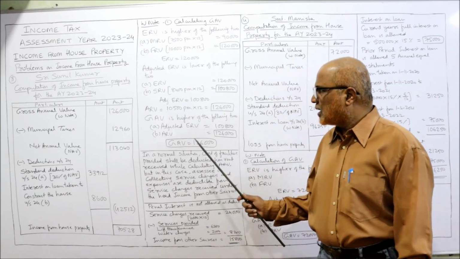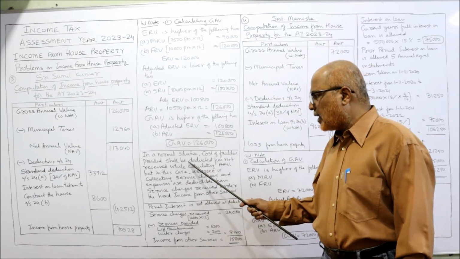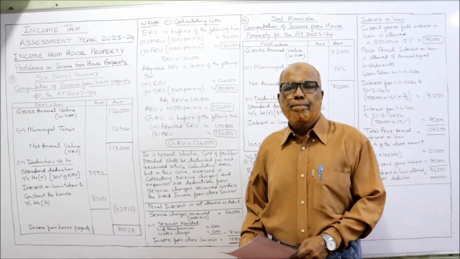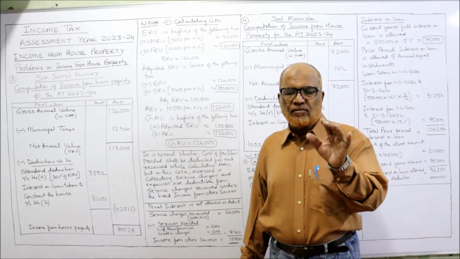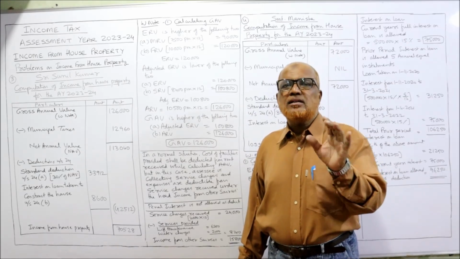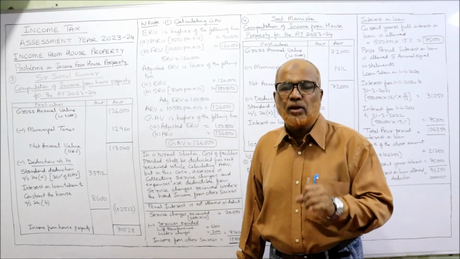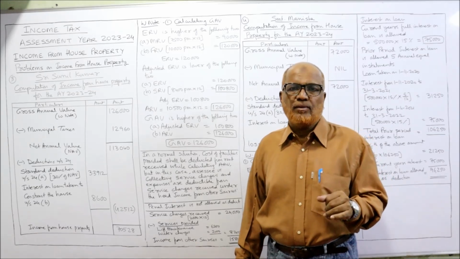In the working note, you should write down: in the normal situation, the cost of facilities provided should be deducted from rent received while calculating ERV. Normal situation, if services are given and charges are made by the owner of the house, then the services given will be deducted from ARV.